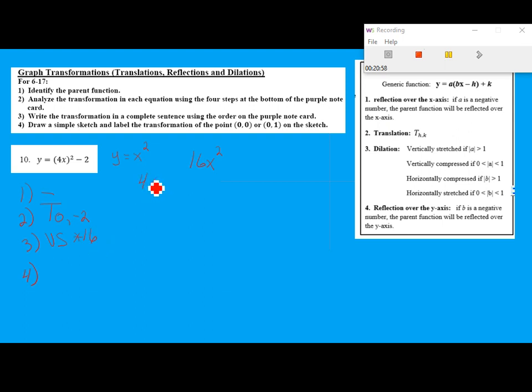If you want to leave it as 4x quantity squared, you could also say that it's been horizontally compressed by a factor of 16. They both mean the same thing. And then ask yourself, if it's been reflected over the y-axis, that would mean that 4 would have to be negative, and in this case, no.